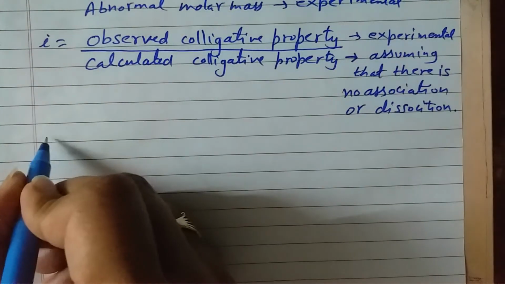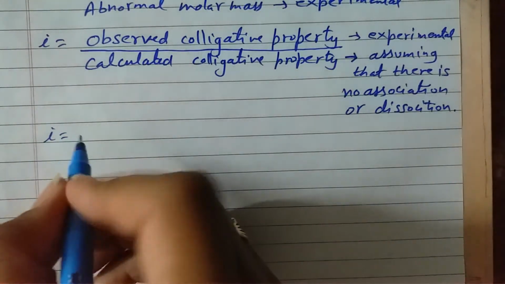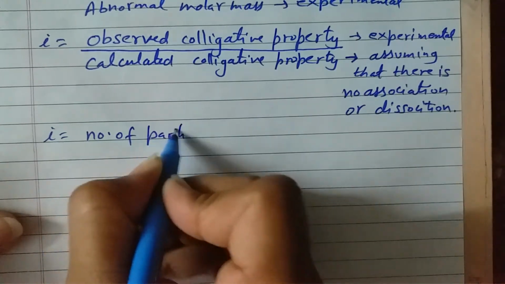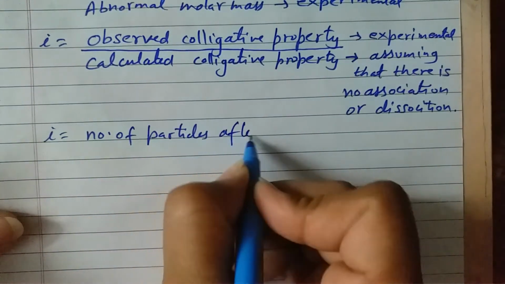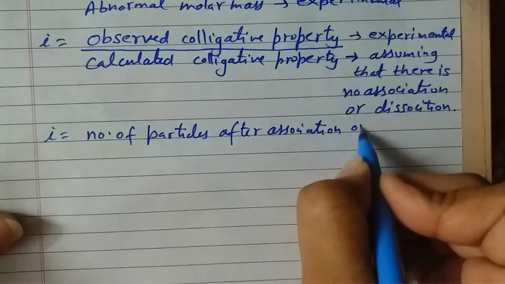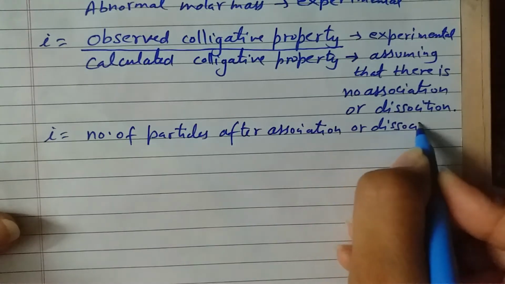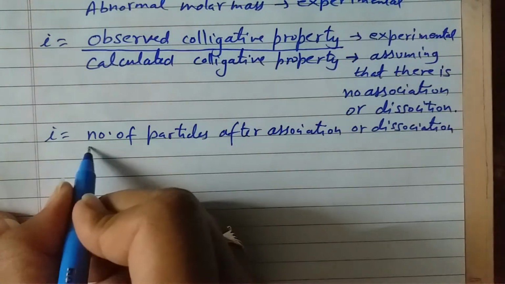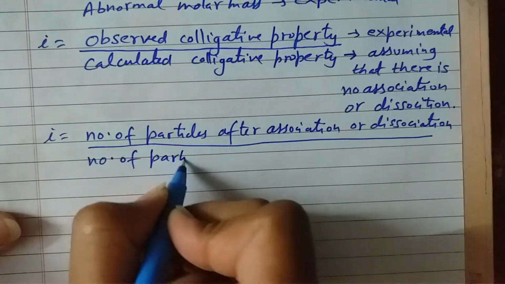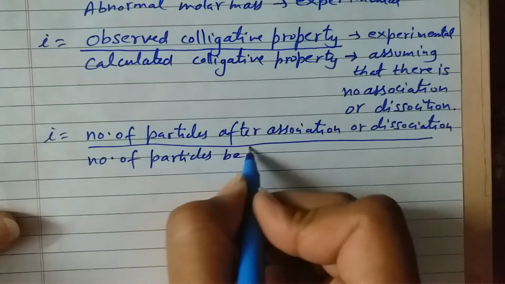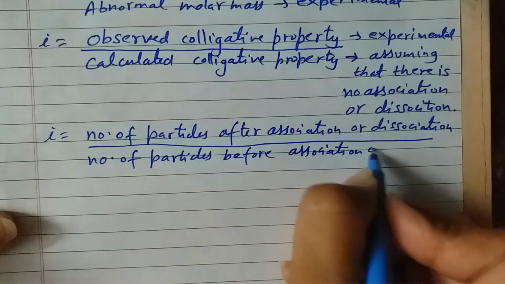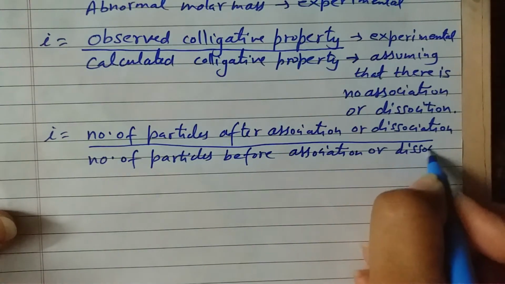solution. And there is one more formula, third formula, to calculate the Van 't Hoff factor, which is also defined as the number of particles after association or dissociation, as the case may be, divided by the number of particles before association or dissociation.